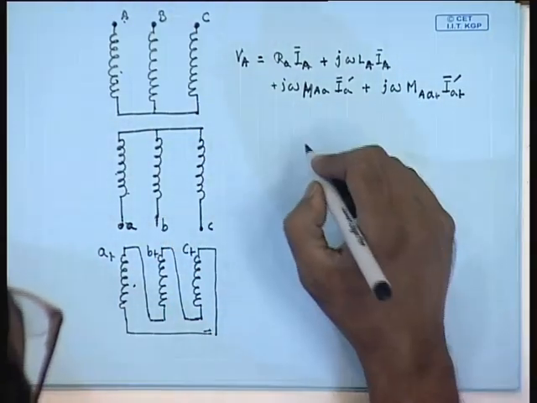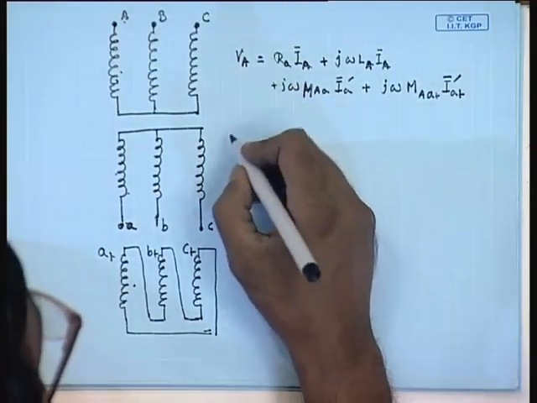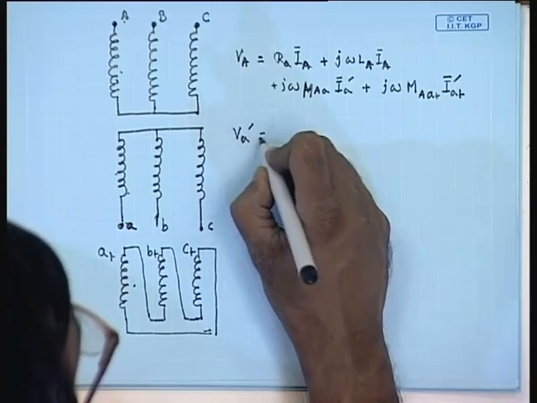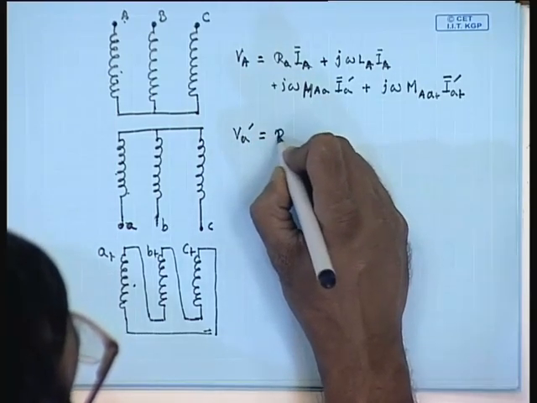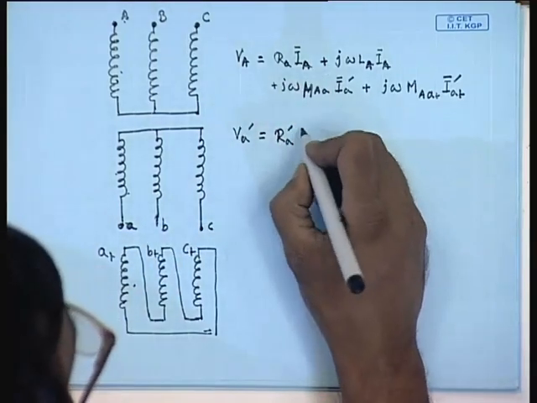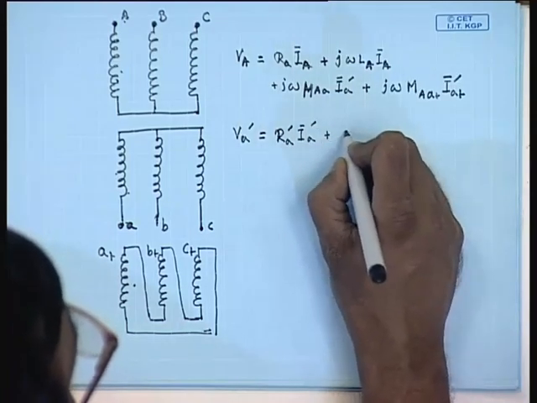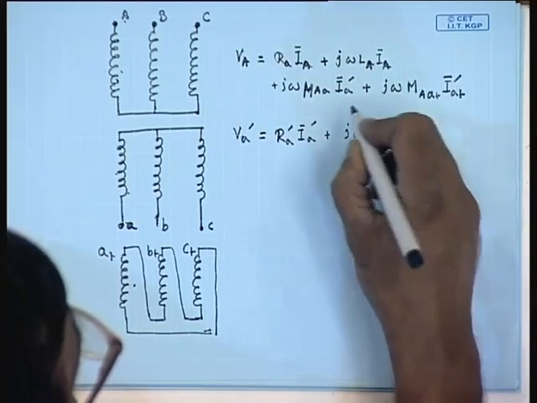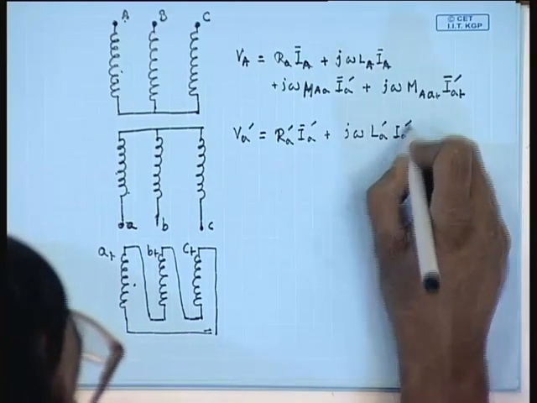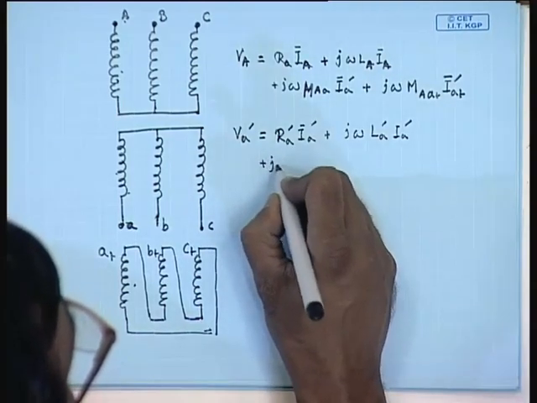Similarly, for the secondary winding referred to the high voltage side, we can write V A dash equal to R A dash I A dash plus j omega L A dash I A dash plus j omega.